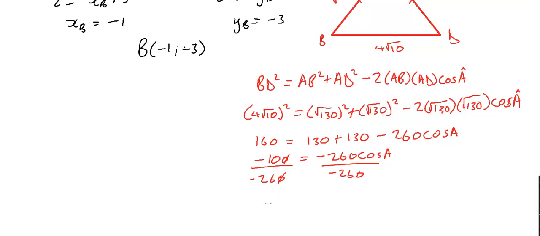This is going to be 5 over 13. So cos A is equal to 5 over 13. Now, A is going to be the inverse cos of 5 over 13. And what is our answer? Remember, A is an angle, so don't forget the angle cap.